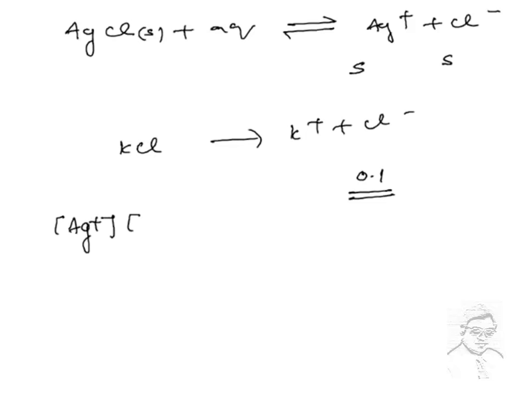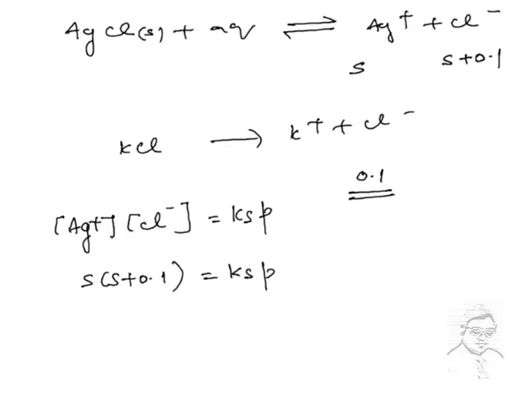But solubility product looks at the total ions. Doesn't matter who is supplying what. So it won't be just S, it would be S plus 0.1. And that would be equal to KSP. So S into S plus 0.1, that is KSP.